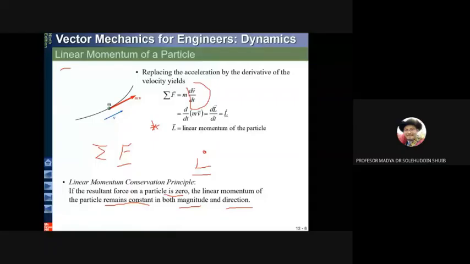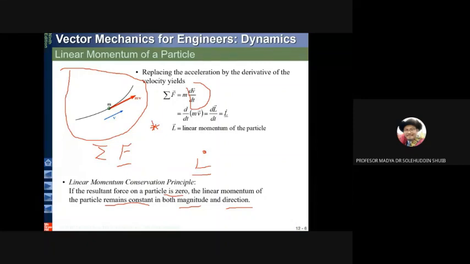Graphically, if you look at this figure, we have the path here, we have the mass M, and then we have here mv.